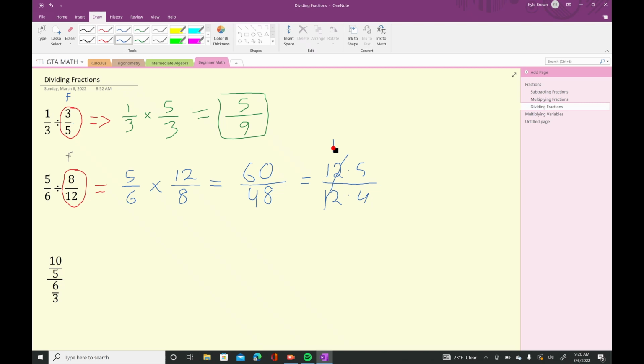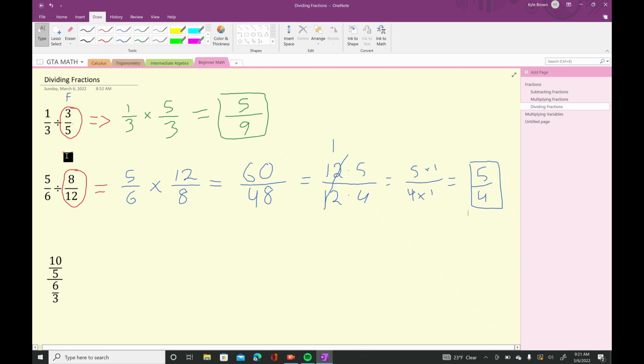This turns into 1, and this really becomes 5 times 1, 4 times 1, and our answer becomes 5 over 4. I'm just simplifying the long way, just in case some people are like, how did you get that answer? Everybody's on different phases with their learning, so just accommodating folks.